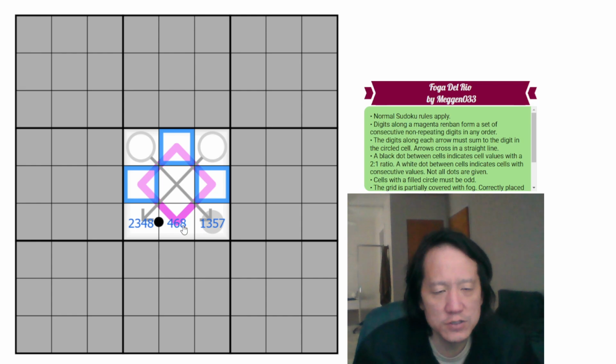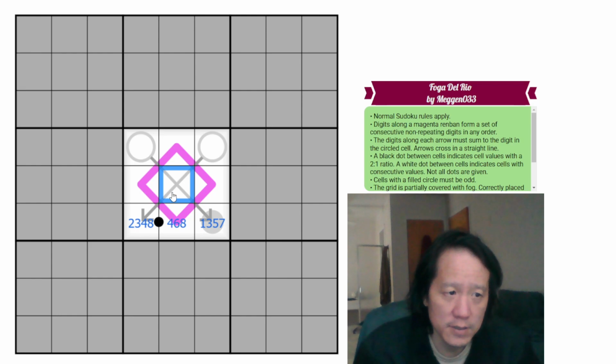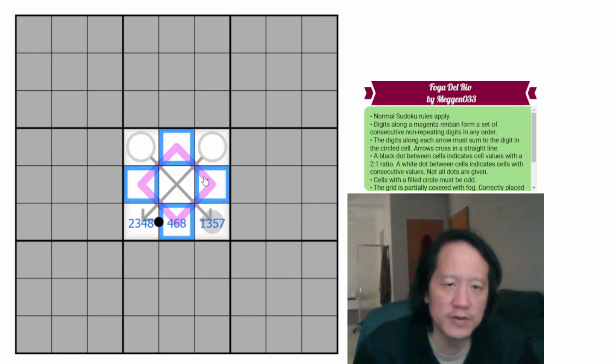So that works. What about 4 with 5, 6, 7? Then this is 1 or 3. It cannot be 8, and it cannot be 9. But if it's 1 here and 2 here, that adds up to 3. Actually, it could be. Well, except that, okay, 4, 5, 6, 7. That eliminates 5 and 7 here.